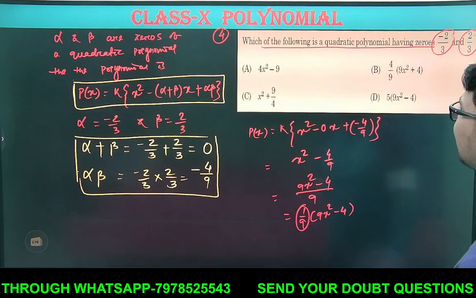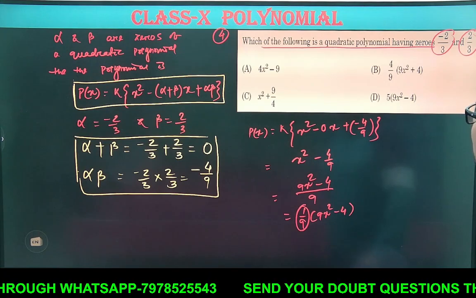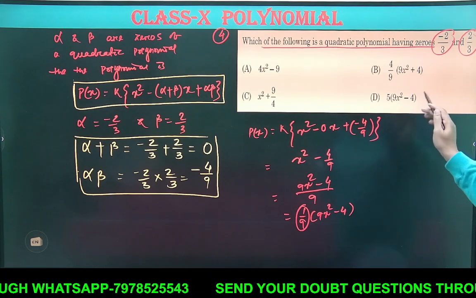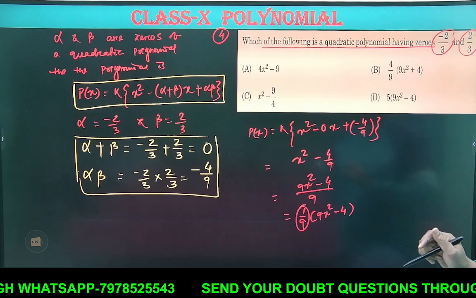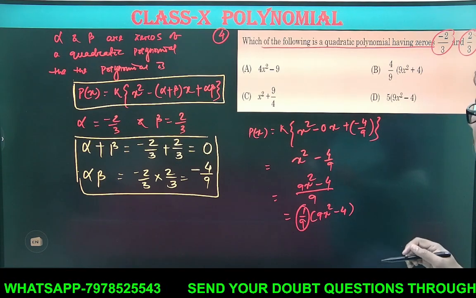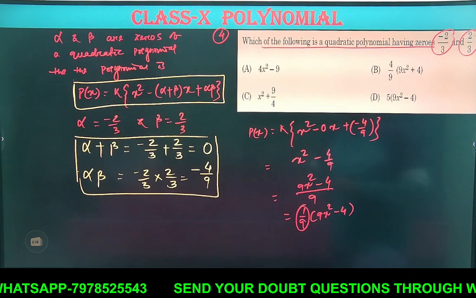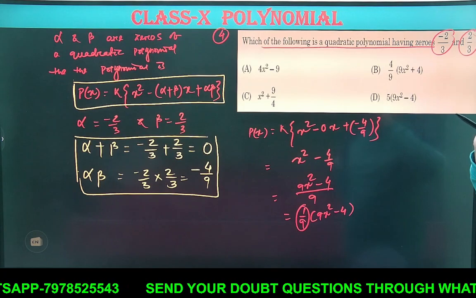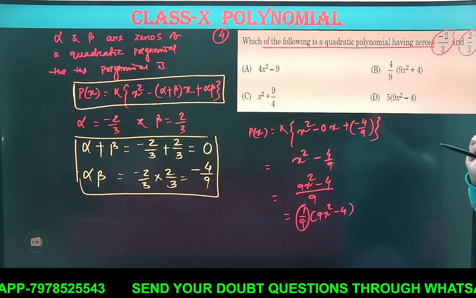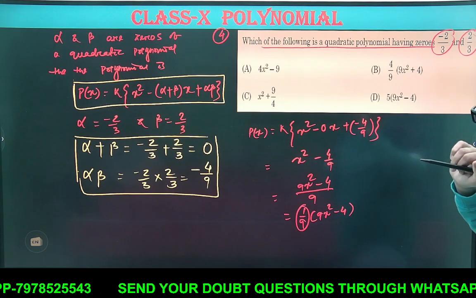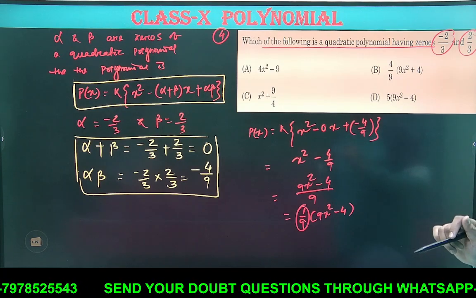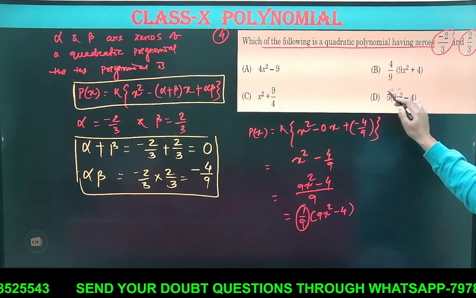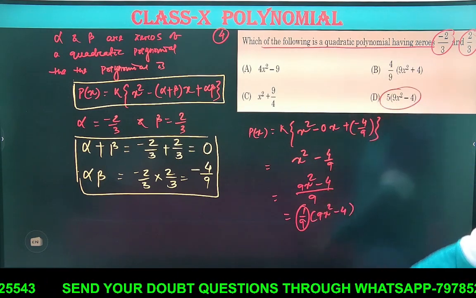Which one then? 4x square minus 9, no, it will not come. No. 9x square minus 4. Yeah, this is the correct answer. This is the correct answer.